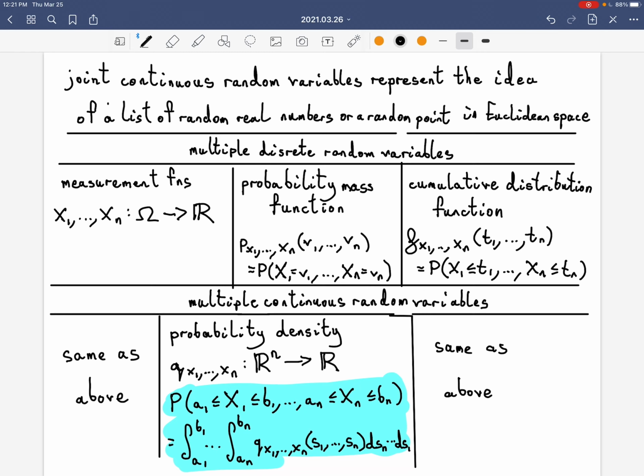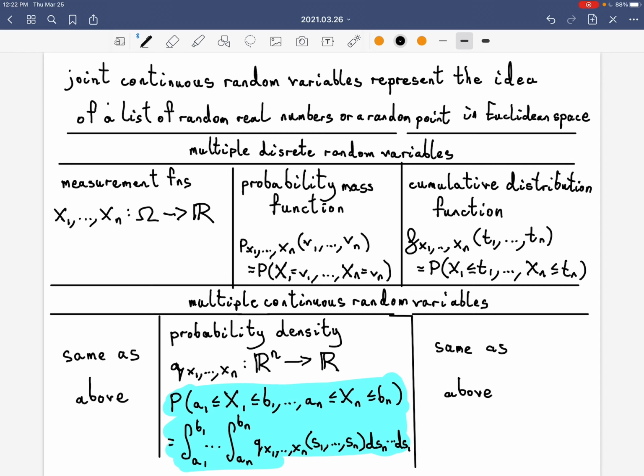So instead of probability mass functions, where you input possible values of the random variables, for multiple continuous random variables, what you do is you have a probability density function defined on a Euclidean space whose dimension agrees with the length of the list of random variables.